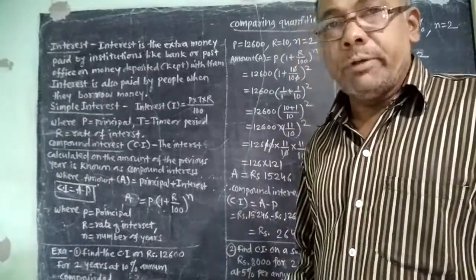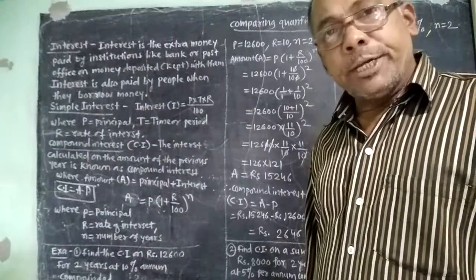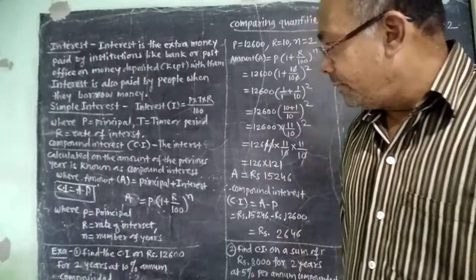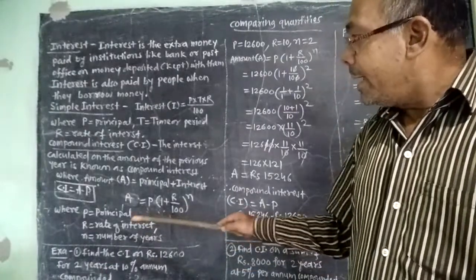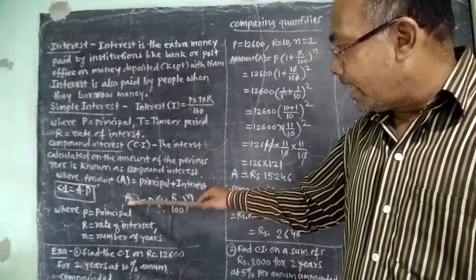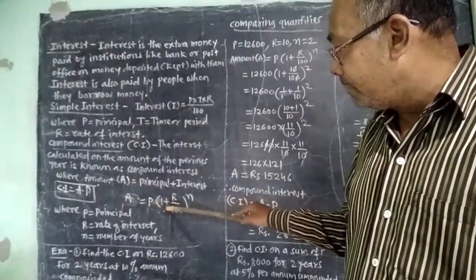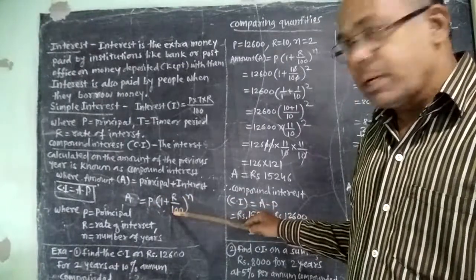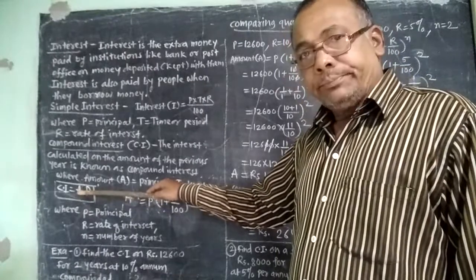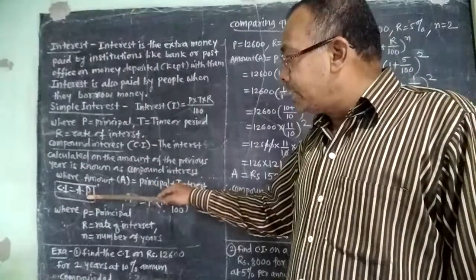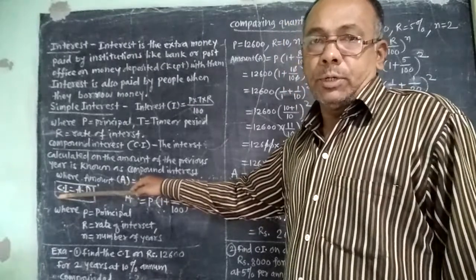So first of all, we will see compound interest computed yearly, and for this we have to apply the formula for the amount, that is A is equal to P into (1 plus R upon 100). After getting the value of A, we can subtract principal from the amount, then we will get the value of compound interest.